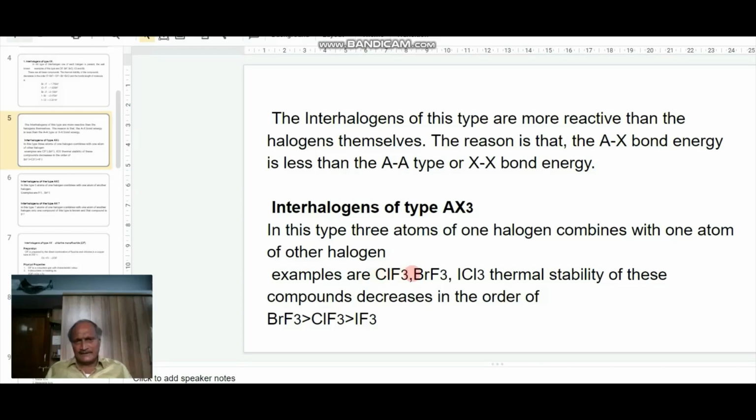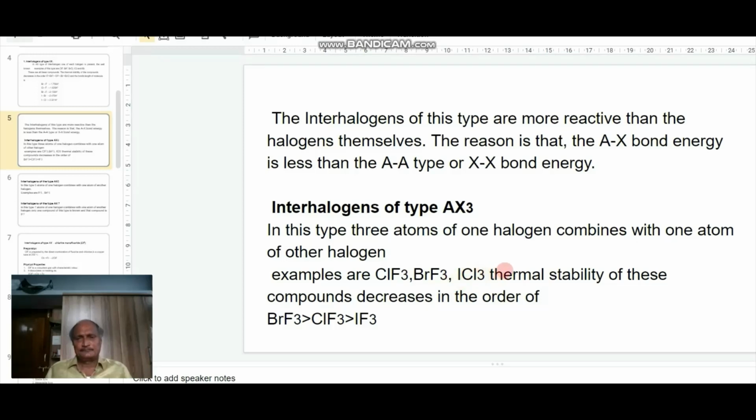Examples of AX3 type are ClF3, that is chlorine trifluoride, BrF3, that is bromine trifluoride, and ICl3, that is iodine trichloride.